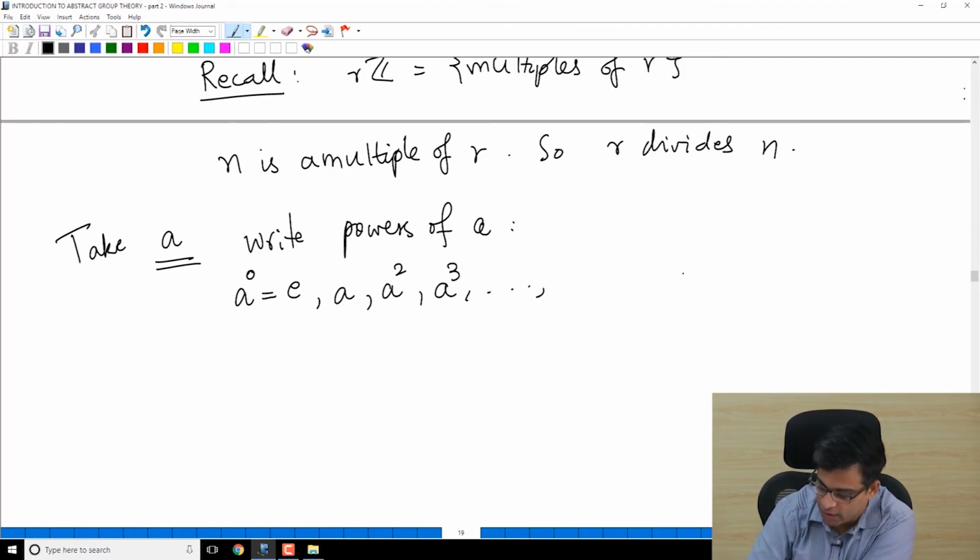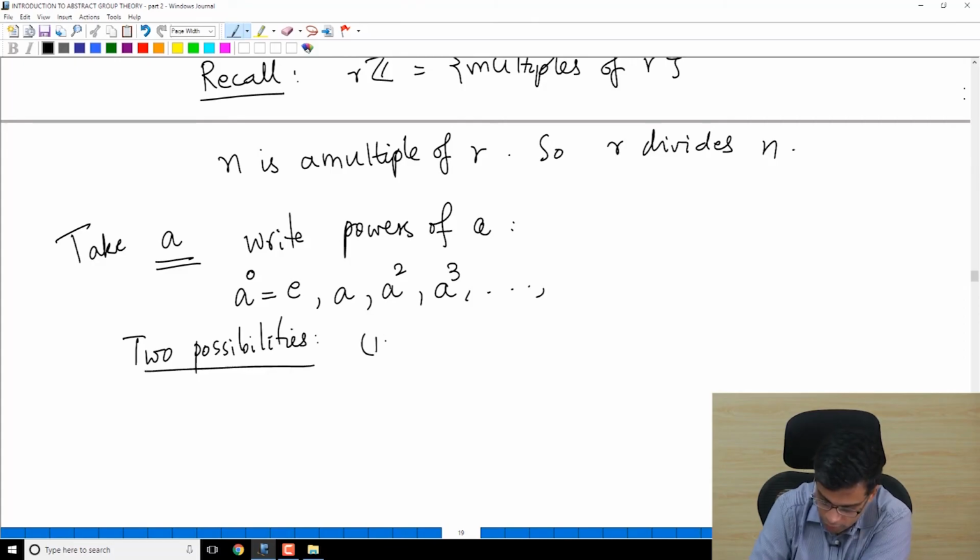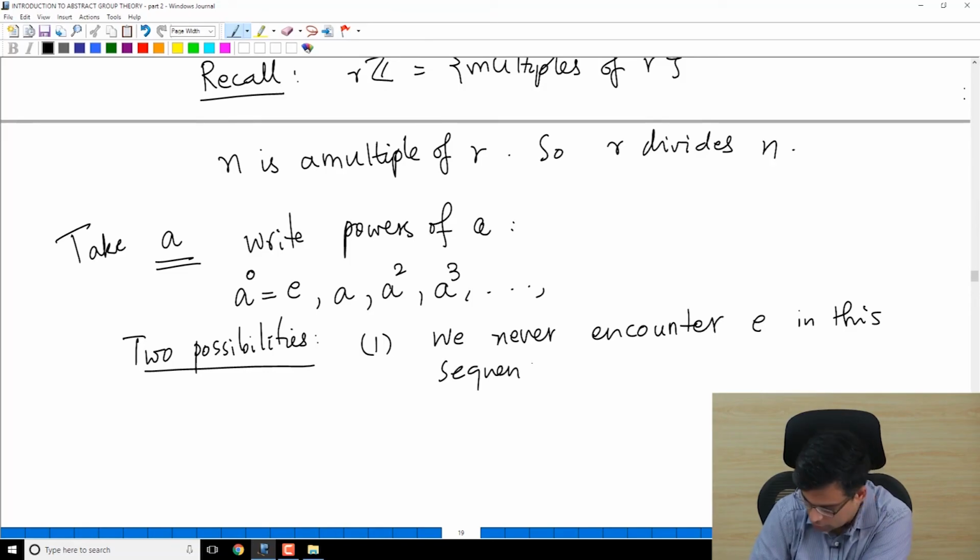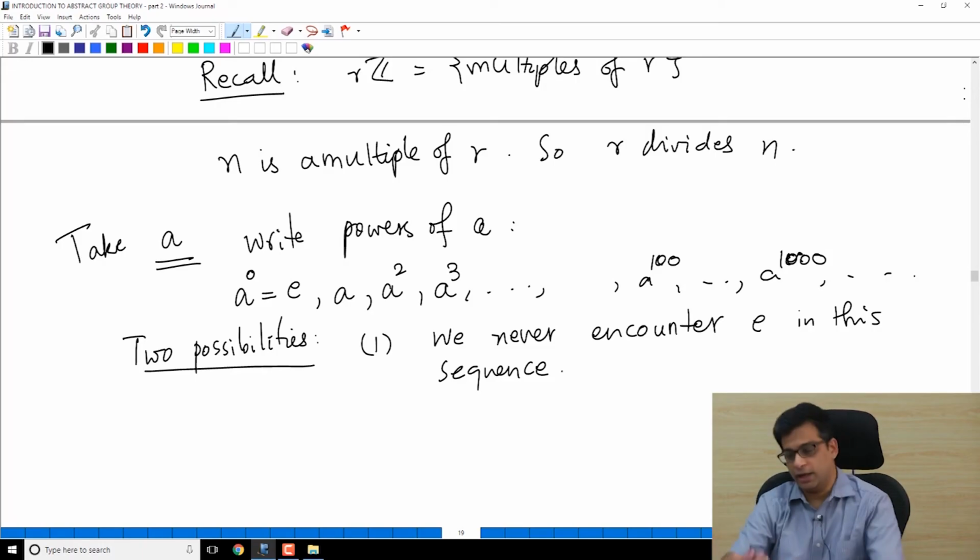There are two possibilities. Either we never encounter E in this sequence, so it keeps going, A power 100, A power 1000 and so on. They are all distinct and E is never there.